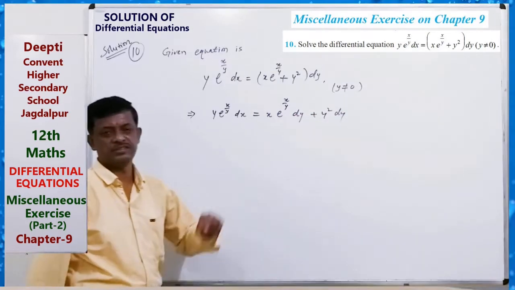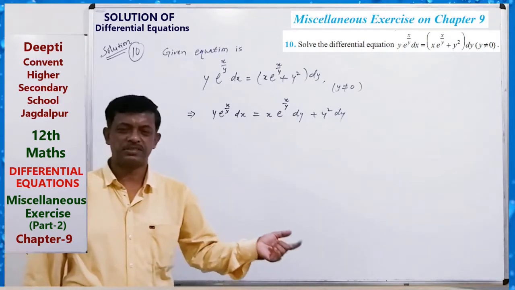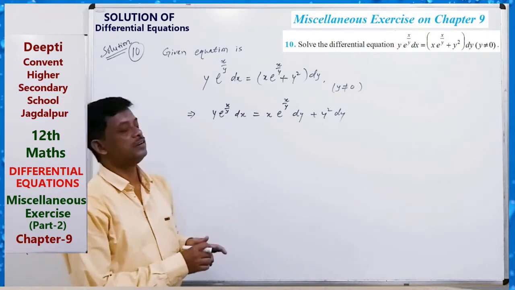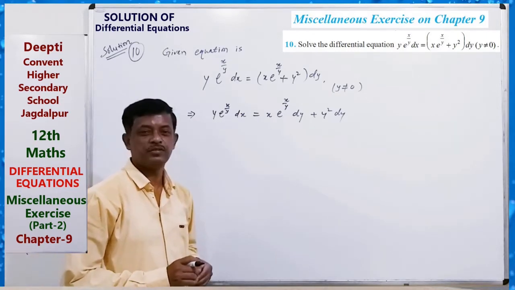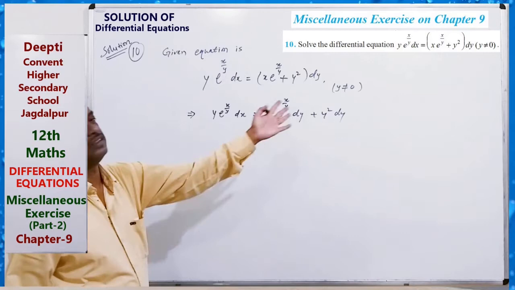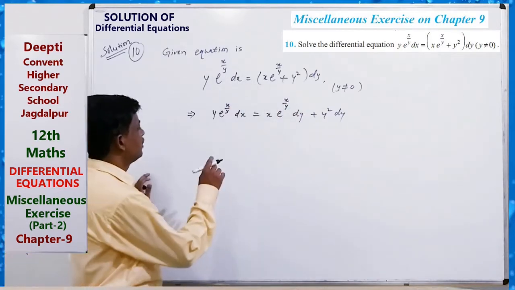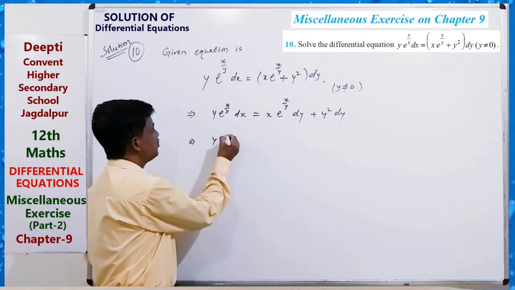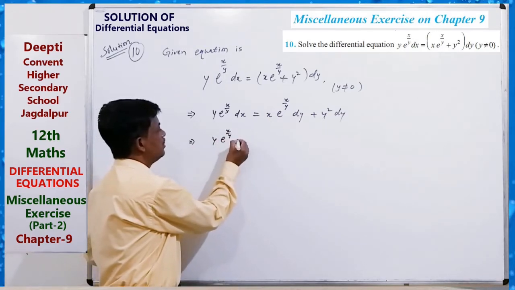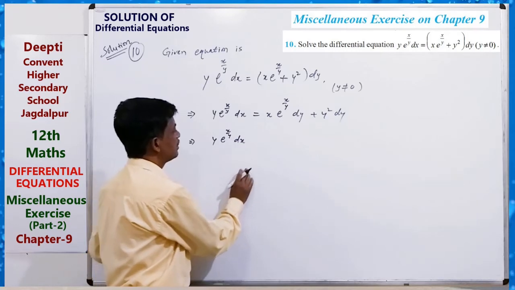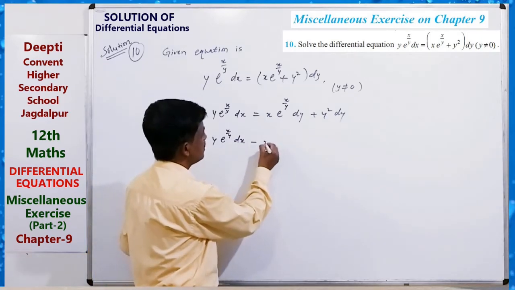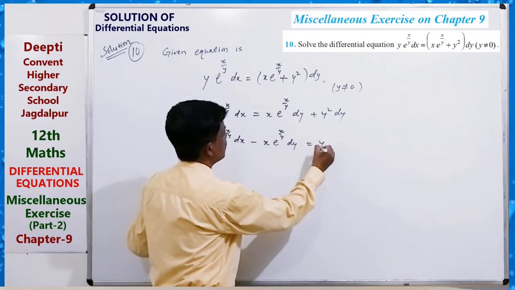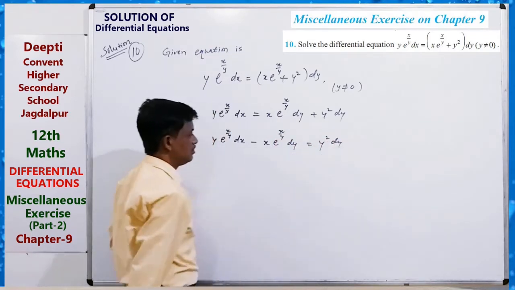It is not variable separable form, it is not a homogeneous equation, and also we cannot write it as a linear differential equation. Just we expand this. Now see here, y e to the power x by y dx minus x e to the power x by y dy equals y square dy.